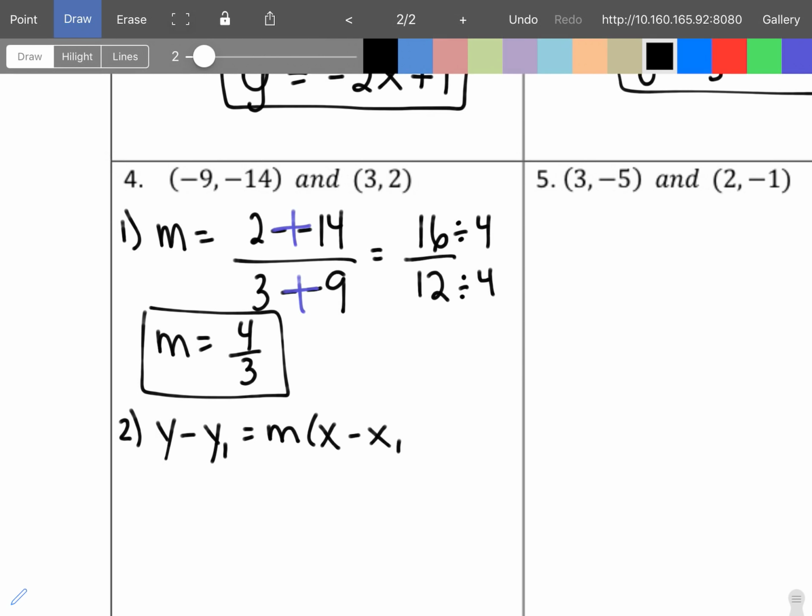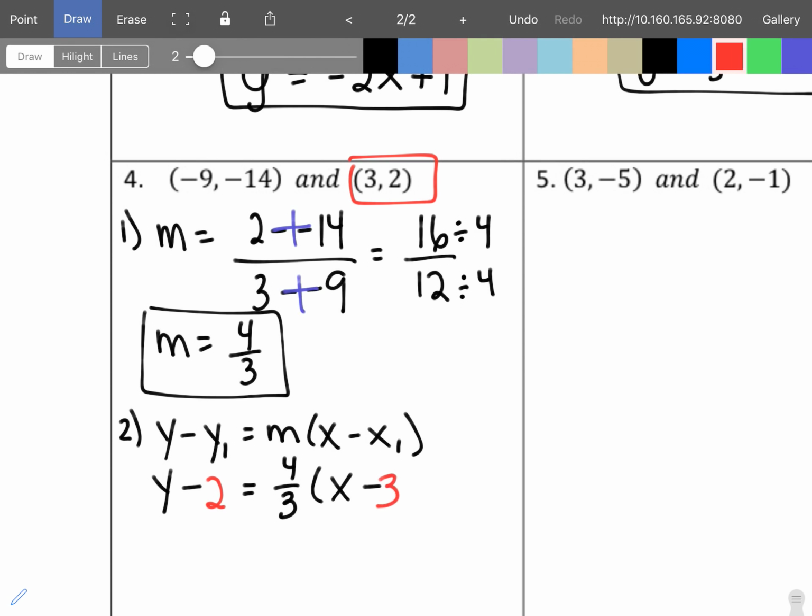I'm going to use the positive point because this looks a little easier to plug in than the negative 9, negative 14. y minus y1, which is 2, equals my slope, 4/3, times x minus my x value, which is 3.